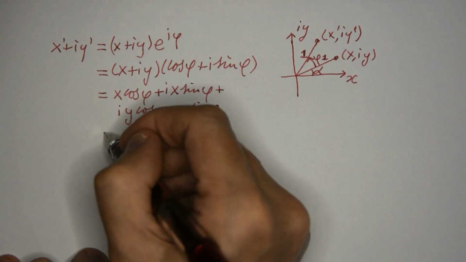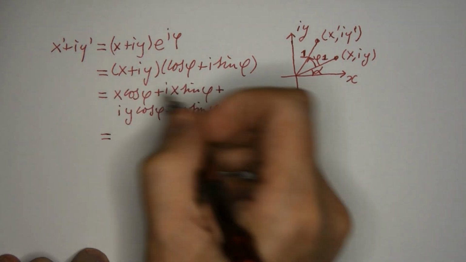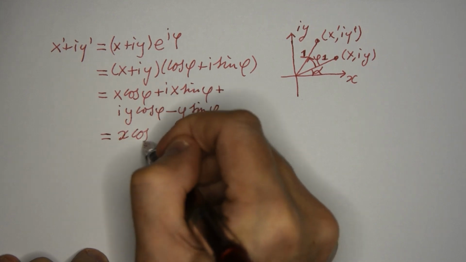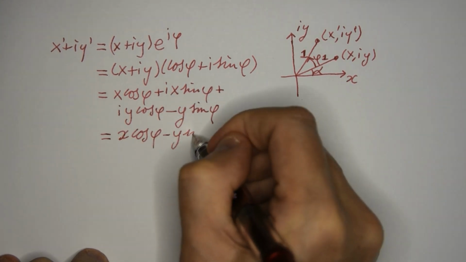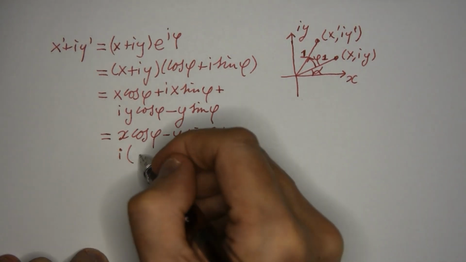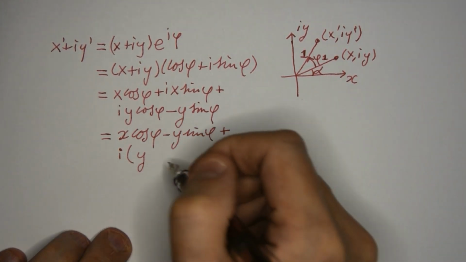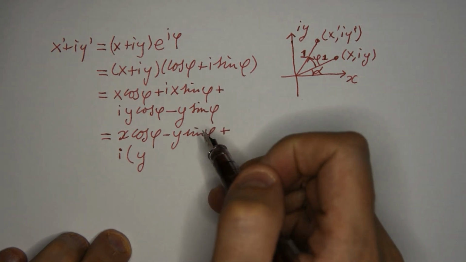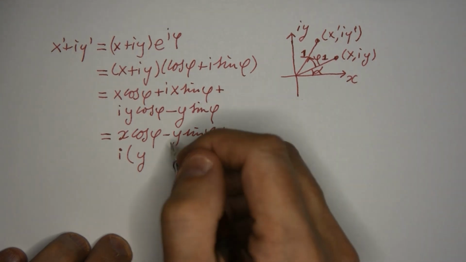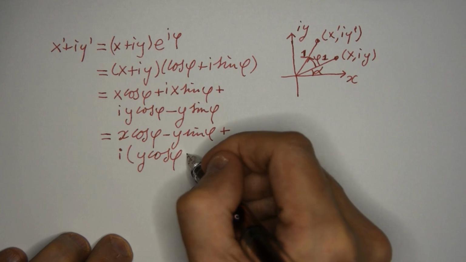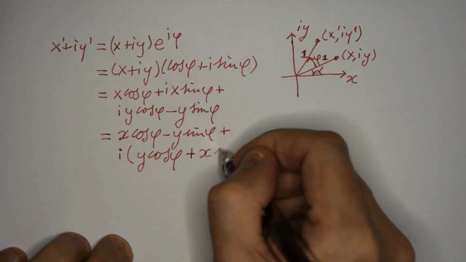Now we're going to add the real and complex values and bunch them together. So we get x cosine phi minus y sine phi plus i, and then you get y. Oh, I made a mistake here. Oh, no. y cosine phi plus x sine phi.